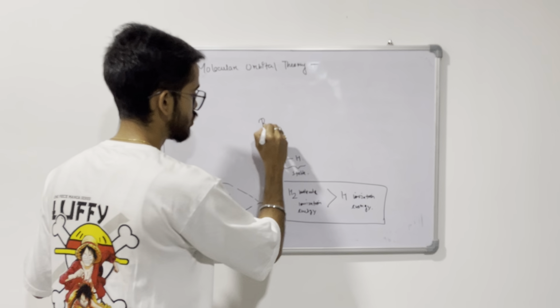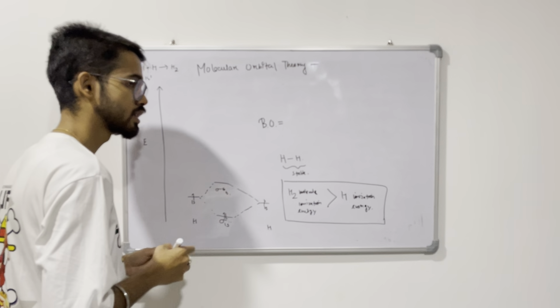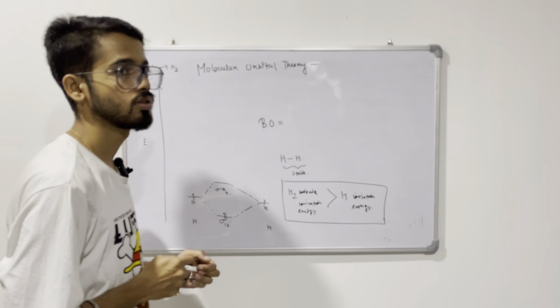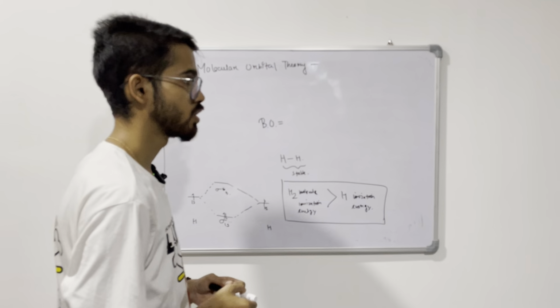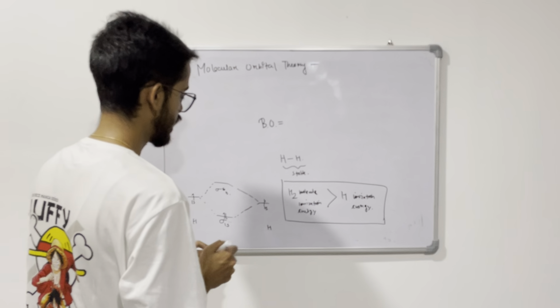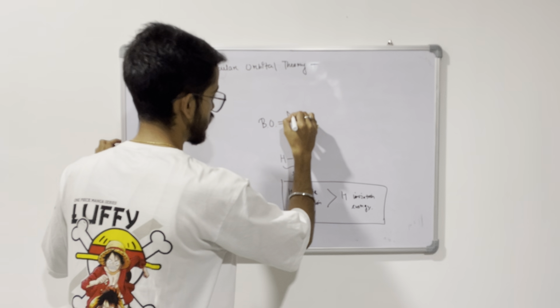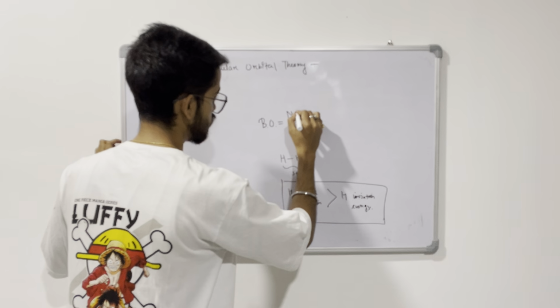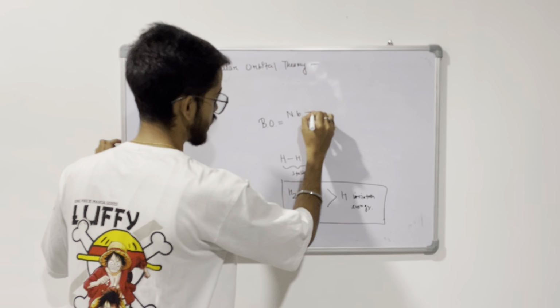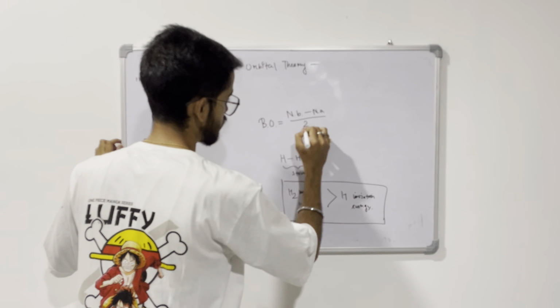Similarly for bond order, that means how much the order of the bond is, whether it is a single bond or a double bond. For this reason bond order is assigned, and bond order is given by the number of electrons in the bonding molecular orbital minus the number of electrons in the anti-bonding molecular orbital, divided by 2.